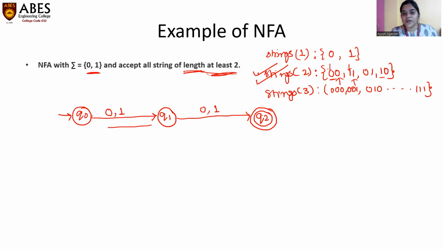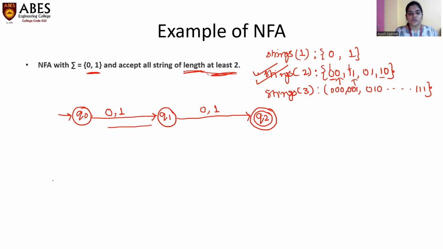Now we have read the first bit of every 2-bit string. Only one more symbol is left, and the next symbol must be 0 or 1. So again, we identified that the next symbol must be 0 or it must be 1, and that should be accepted. So we have mentioned 0, 1 on the transition arrow over here.